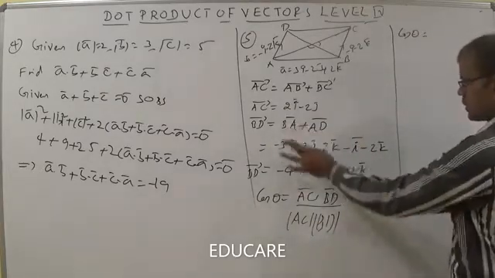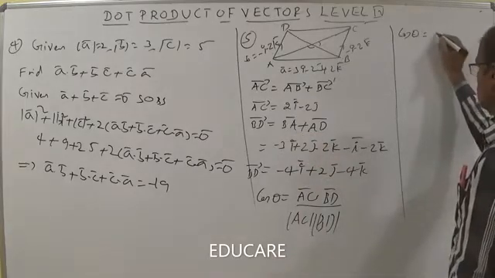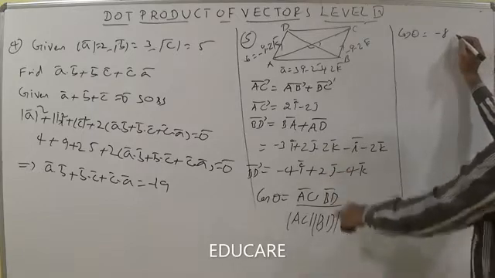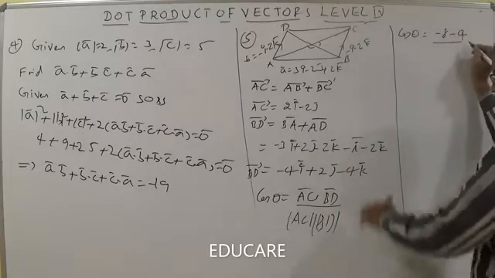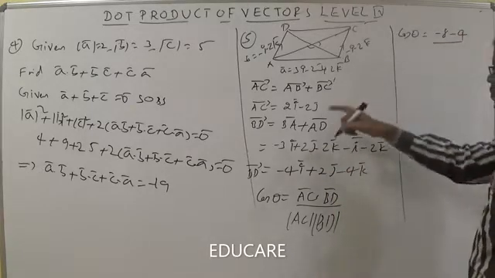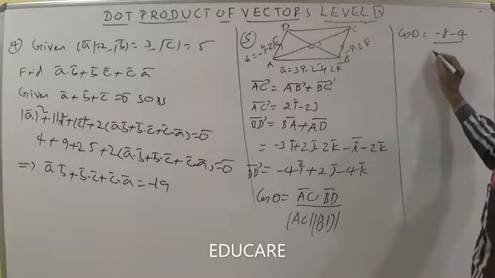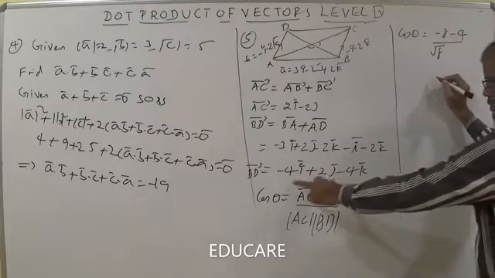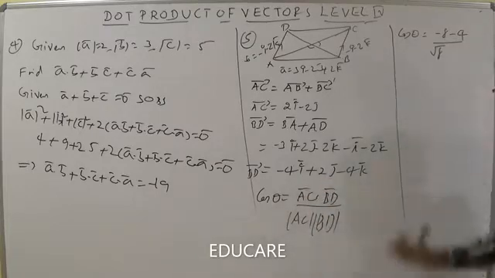Multiply like this, dot product. Minus 2 into minus 4 is 8, and minus 2 into 2 is minus 4. No need to write about k. The magnitude is root of 4 plus 4, root 8, or 2 root 2 we can write. This is 16 plus 4 plus 16.